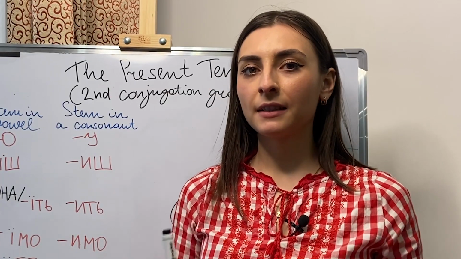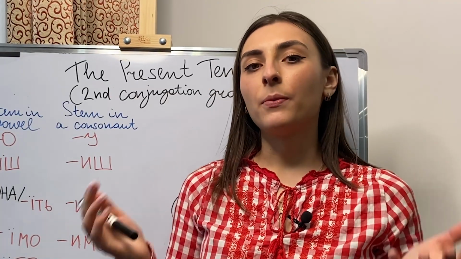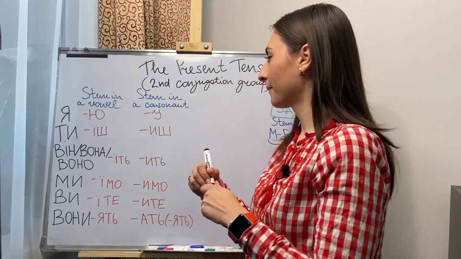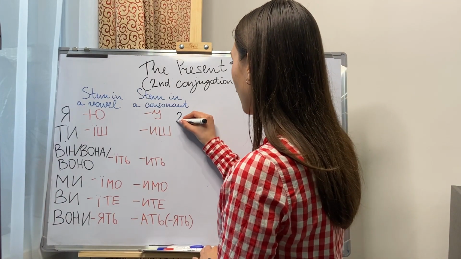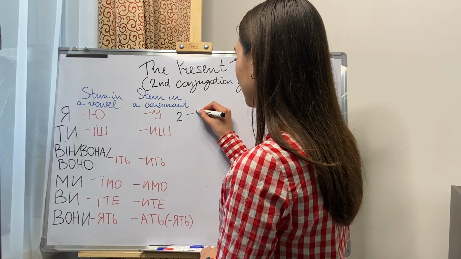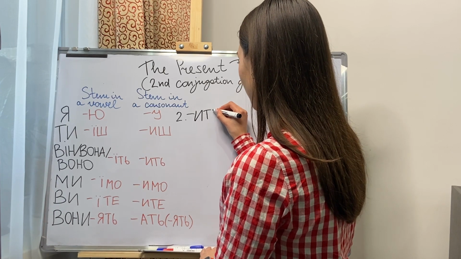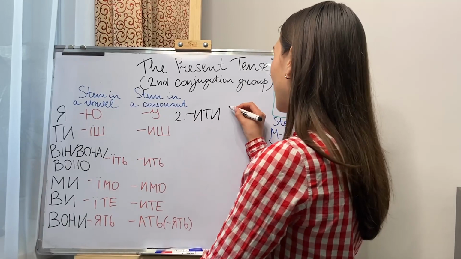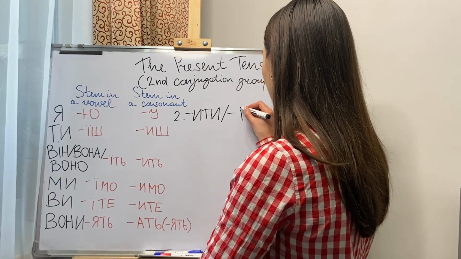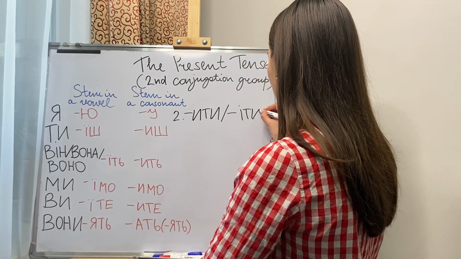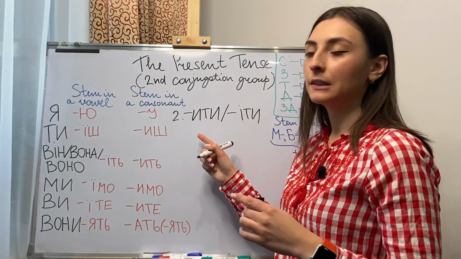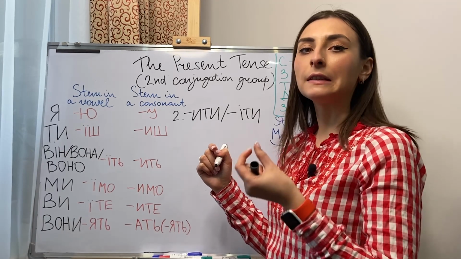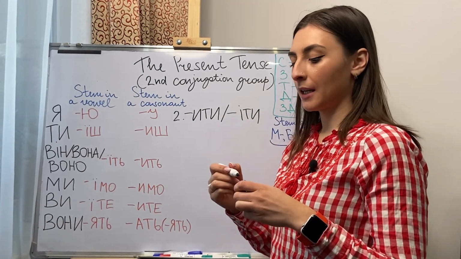So guys, the second type of the verbs have such endings as, again, ити. I will explain you the difference between the first and the second one, and іти. Please check out. Ити, іти, how we pronounce them. Ити and іти.